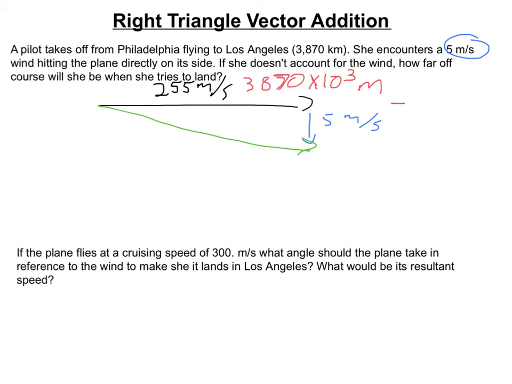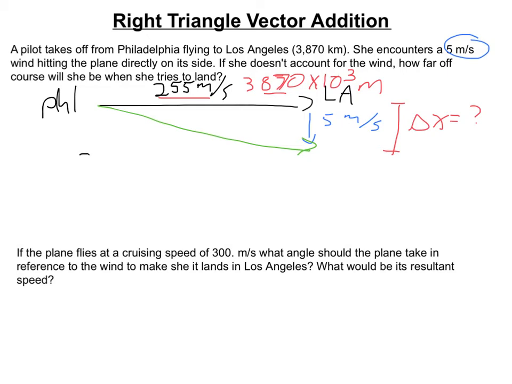In other words, what is delta x here? So the pilot's able to fly 255 meters per second that far along that lane, okay, if going straight from Philadelphia to LA, right? But there's a wind that sweeps directly down, right? How far off course, how far directly off course are we going to be? Delta x.